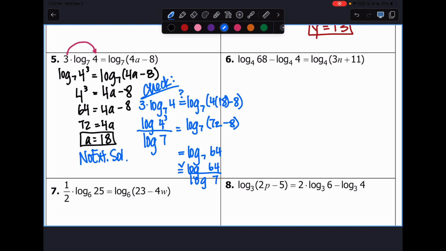Do you need me to write out the pathway? Okay.